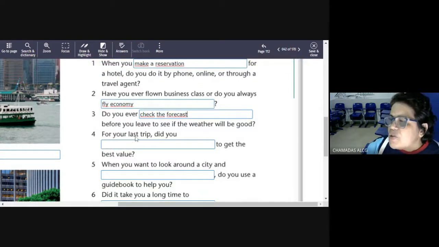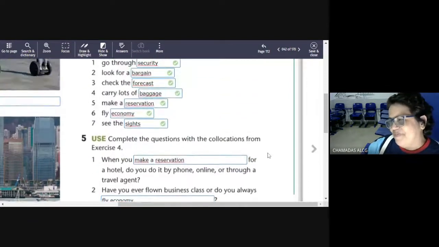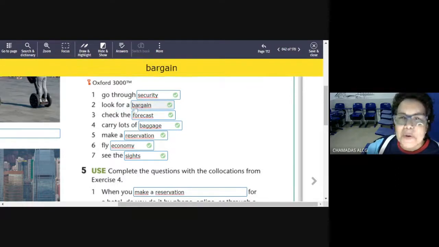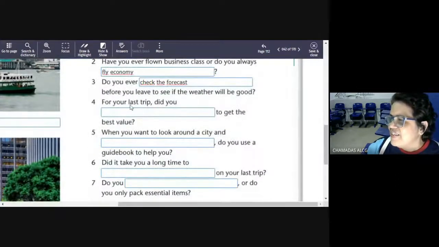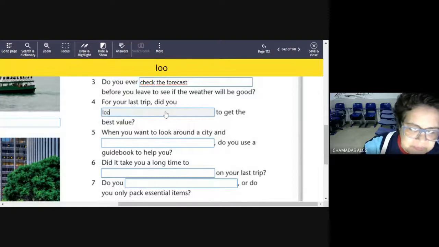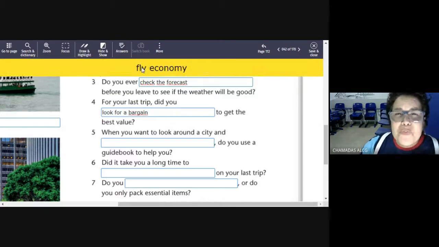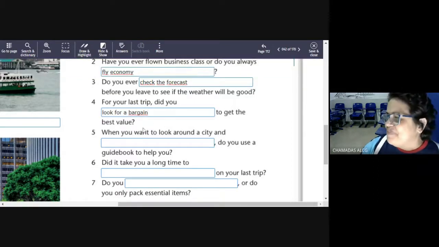For your last trip, did you look for a bargain to get the best value? To look for a better price, okay?